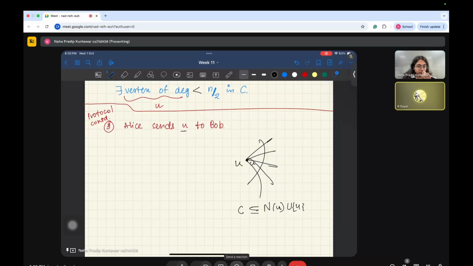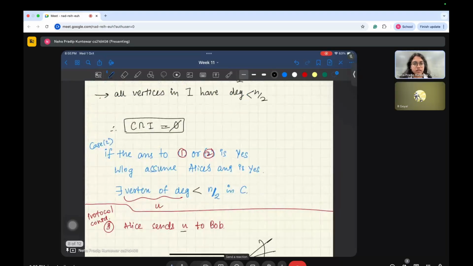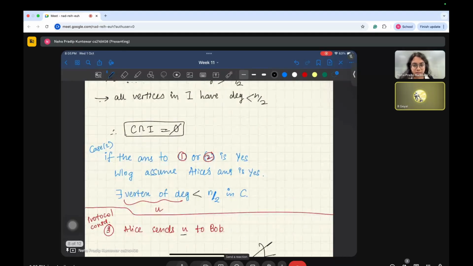But then, what was the answer of the first message in this protocol when the answer of both Alice and Bob is no? Then our protocol will terminate. And if the answer of anyone is yes, and we assume that the answer of Alice is yes, so there exists a vertex of degree less than n by 2 in C. It's quite possible that Bob's answer could be a no. If Bob's answer is a no, that would mean there exists a vertex of degree less than n by 2 in the independent set as well.